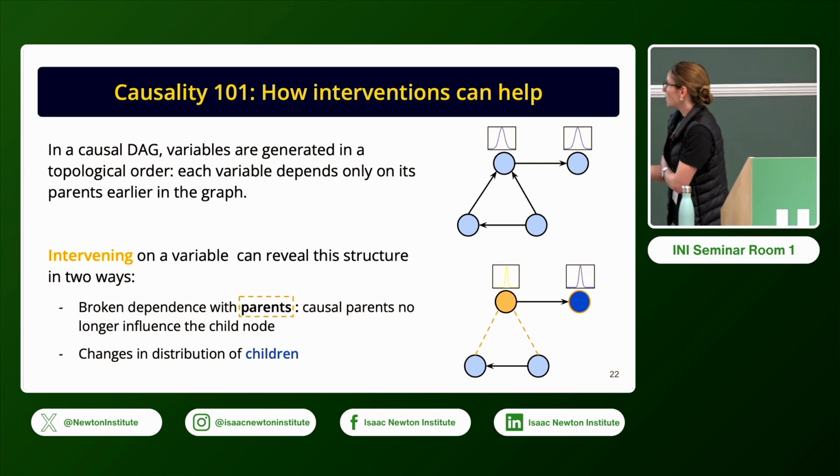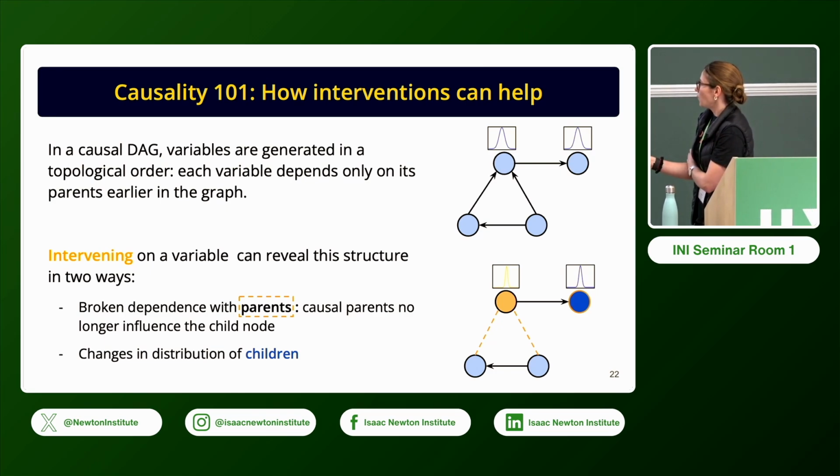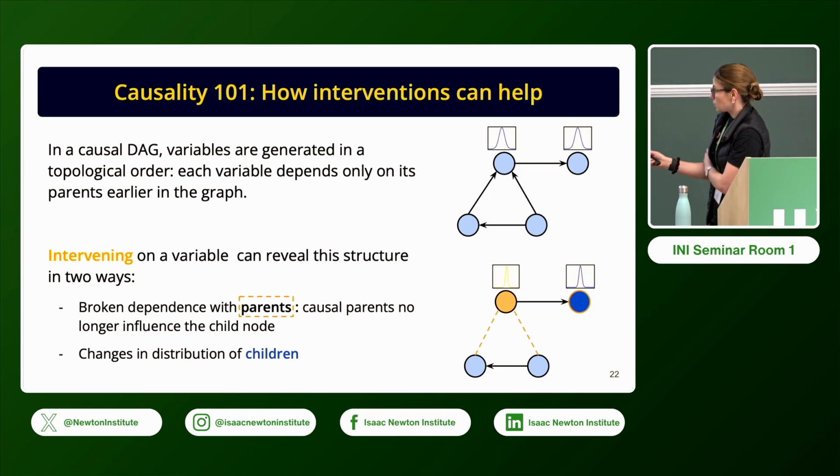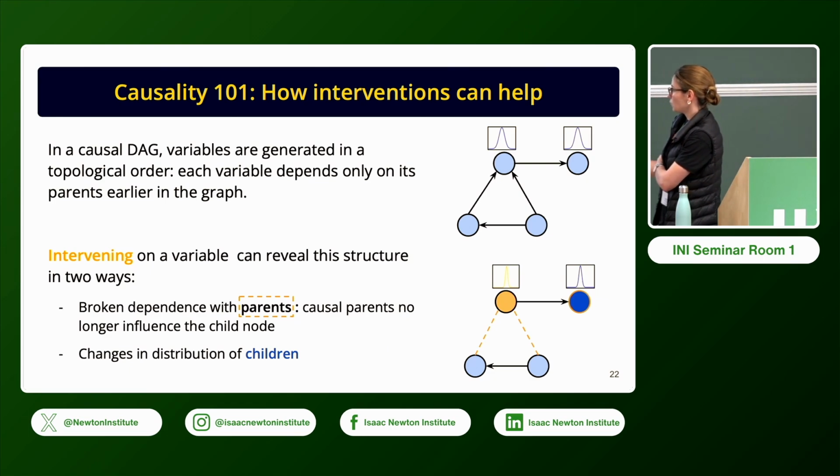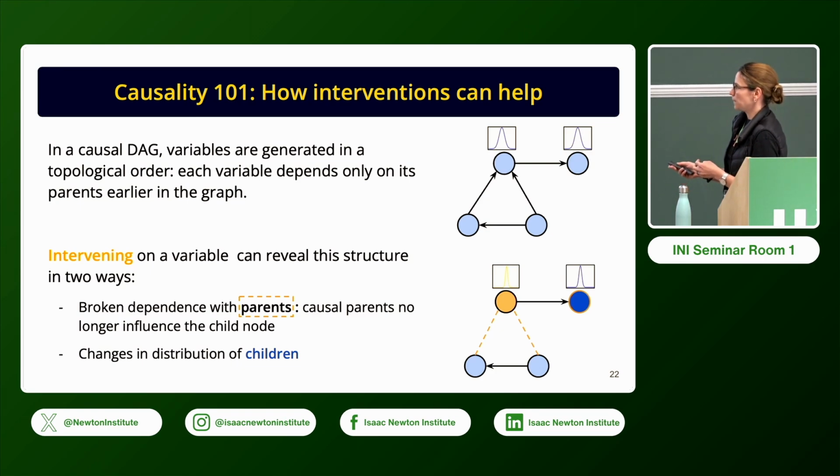And second of all, setting this distribution to a value or to a narrower one, or just changing the distribution of this node, will also change the distribution of the children nodes if there is a causal relationship. Okay.